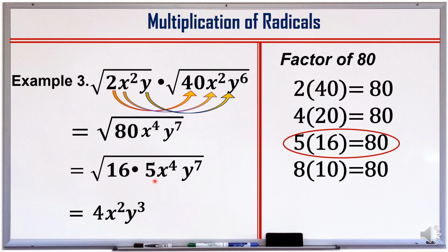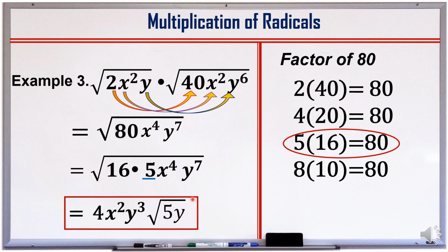And then, anong natira sa loob natin? So, yung 5, and then yung isang remainder na y, kasi meron pa tayong 1. So, magkakaroon tayo ngayon ng square root of 5y. So, yan po yung ating magiging final answer for example number 3. So, nasusundan po. Okay, kaya po natin yan.